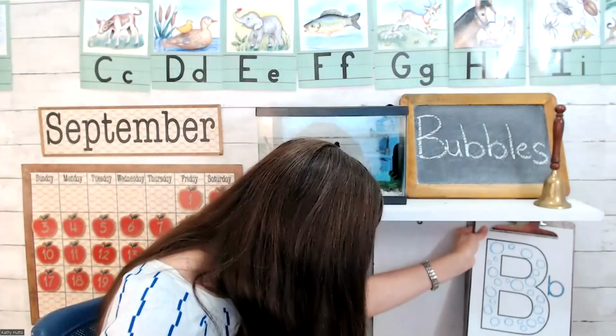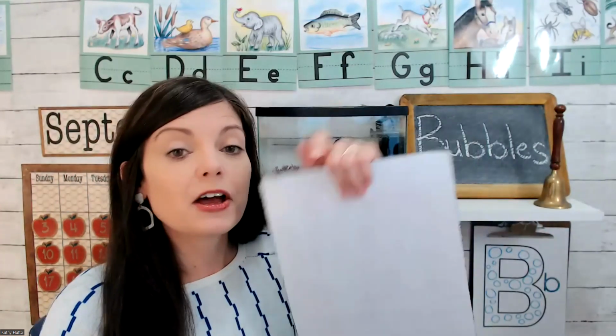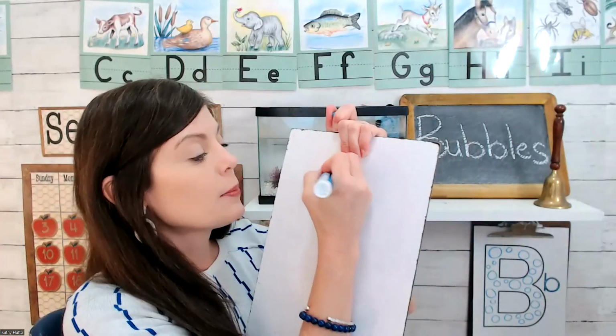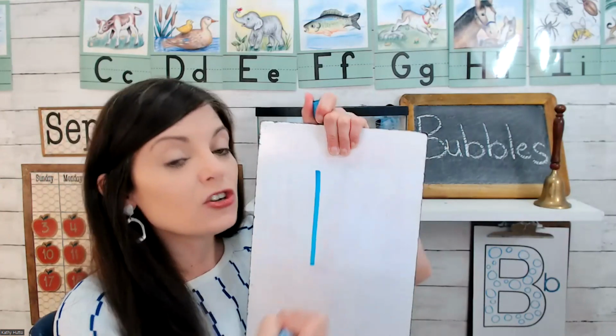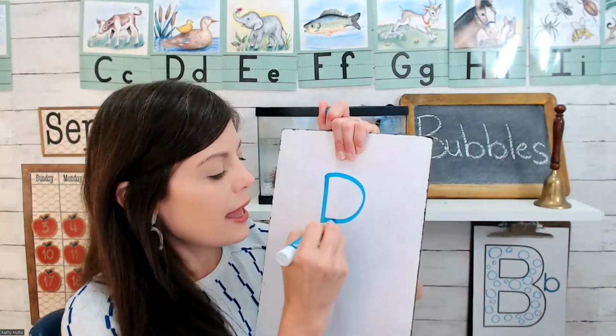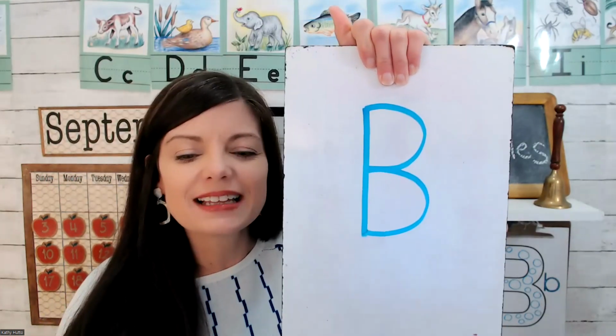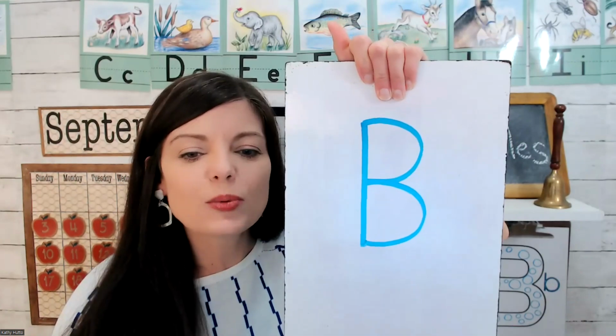Let me show you how to write letter B. So first you're going to need a line that comes straight down, just like number 1. And then you're going to blow 2 bubbles. 1 bubble at the top and 1 bubble at the bottom. That's how you make the big letter B. Let me show you what that looks like on handwriting paper.